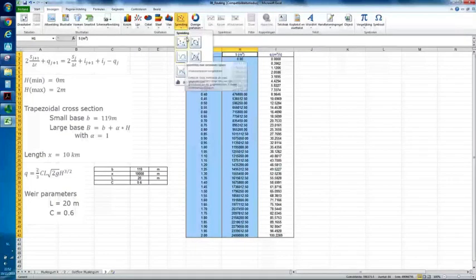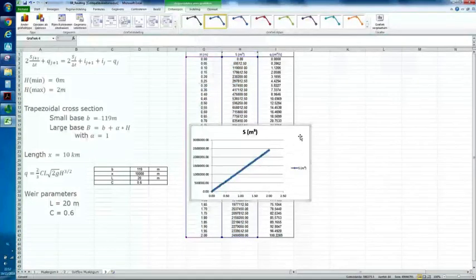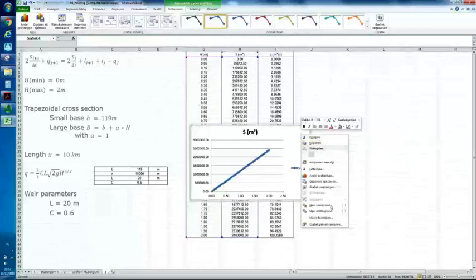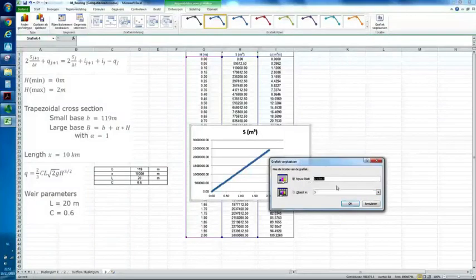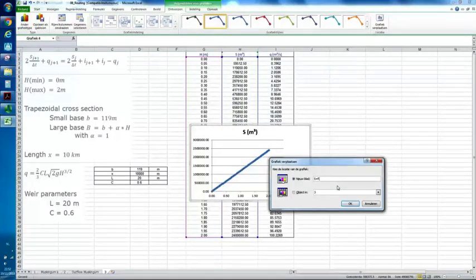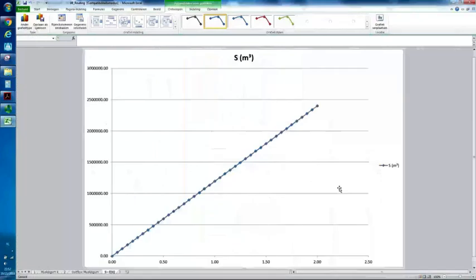A scatter plot, which will be in this case, of course, just a linear equation. Let's call this S is equal to function of H, like this. So that's just a representation of our storage as a function of the water above the weir crest.